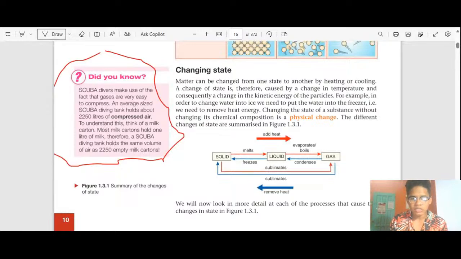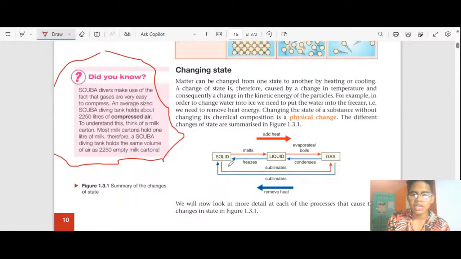The different changes of state are summarized in this figure right here. So for example, we have liquid. If you boil liquid, it turns into gas, and if gas is condensed, it becomes liquid. And if a liquid is frozen, it becomes solid.